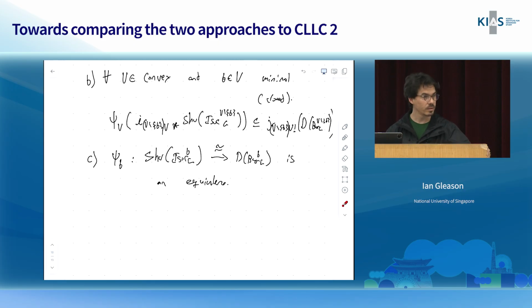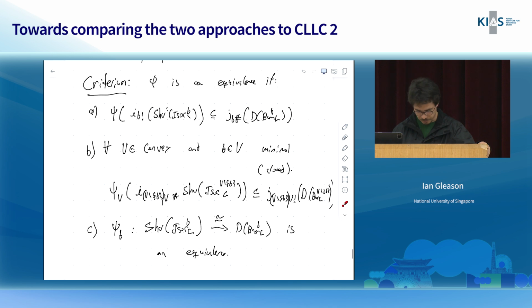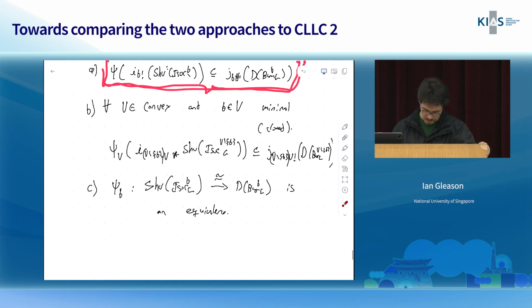Ian, I don't know if you have actually defined pitch B yet. So, okay, Linus wants to bring some points we discussed, but yes, as it turns out, the moment this condition holds, you can make sense of what would be.